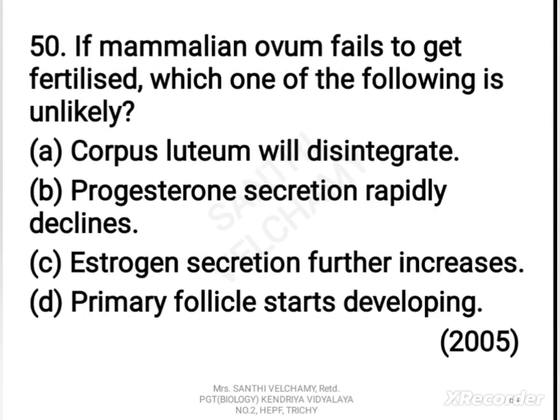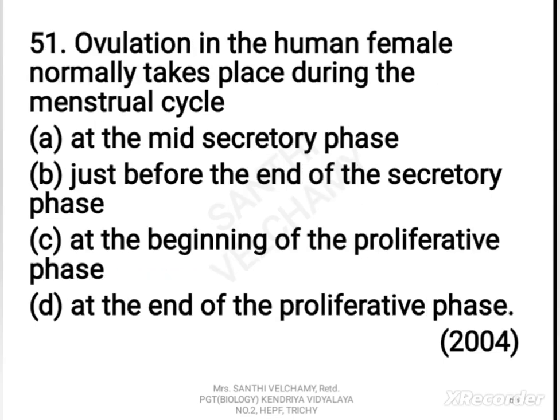If a mammalian ovum fails to get fertilized, which one of the following is unlikely? A. Corpus luteum will disintegrate. B. Progesterone secretion rapidly declines. C. Estrogen secretion further increases. D. Primary follicle starts developing. The correct answer is C. Estrogen secretion further increases.